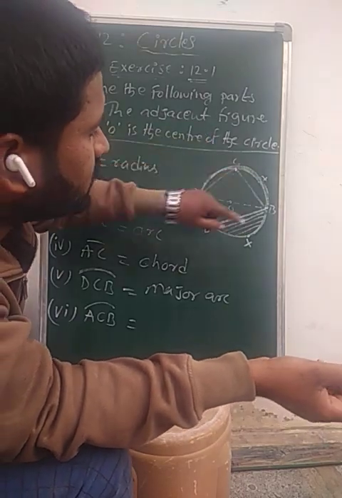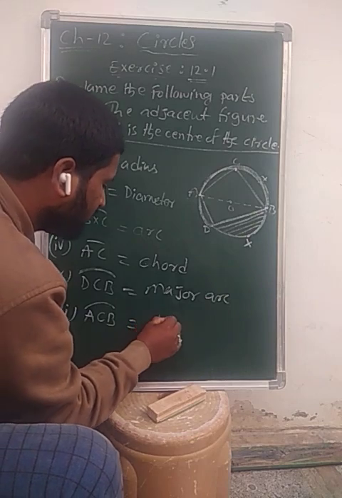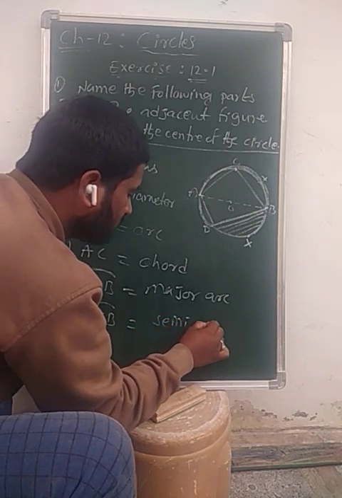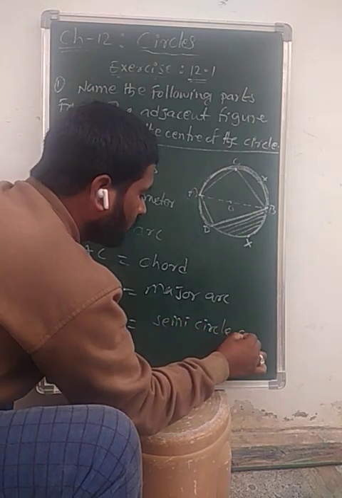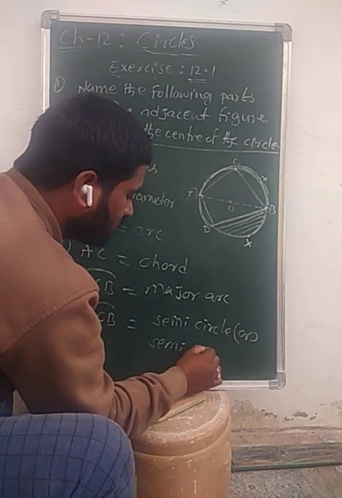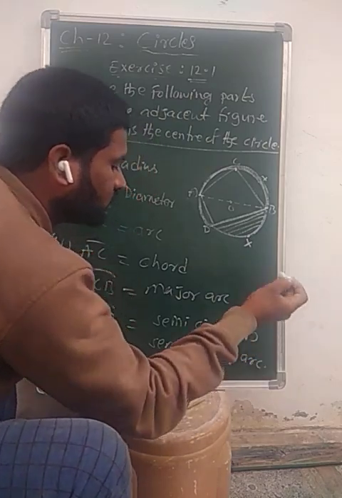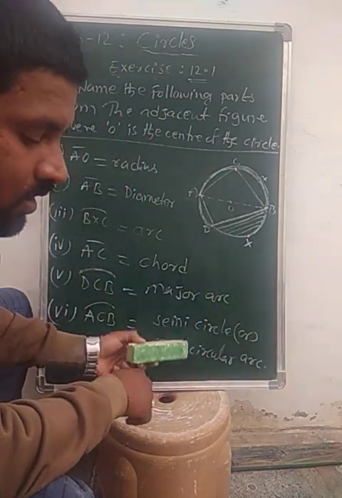That is called a semicircle. So you can call it a semicircle or semicircular arc.